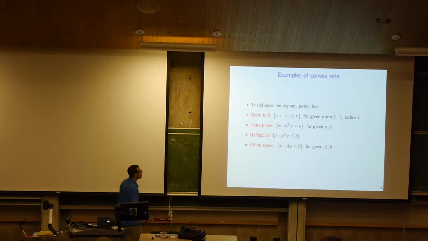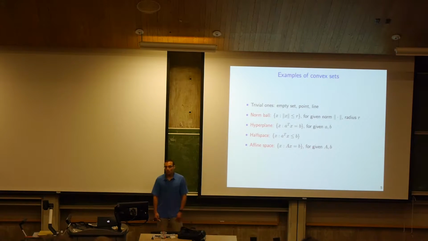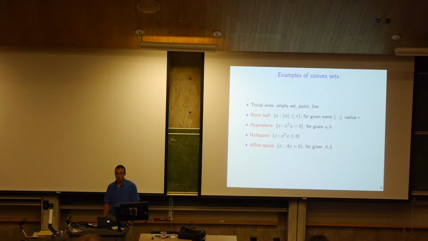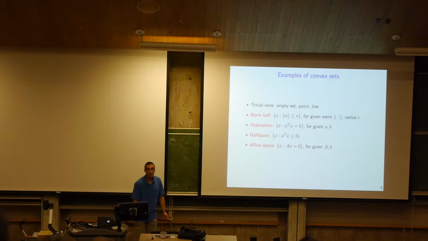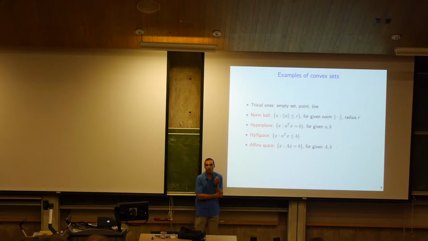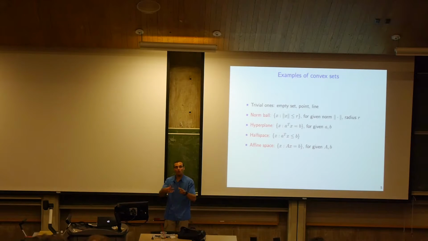Here are some more interesting examples. A norm ball is always convex. If you have any norm on Rn, which we'll denote by these double brackets, the L2 norm is one example and the L1 norm is another. The set of all x for which that norm is less than or equal to R, a ball around 0 in a particular norm, is a convex set.